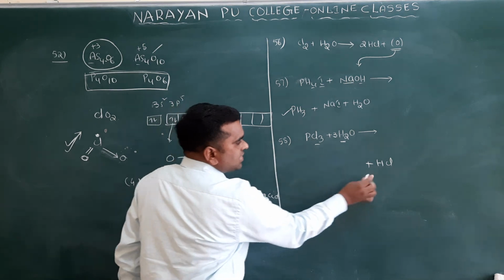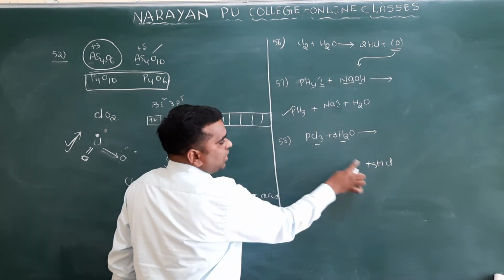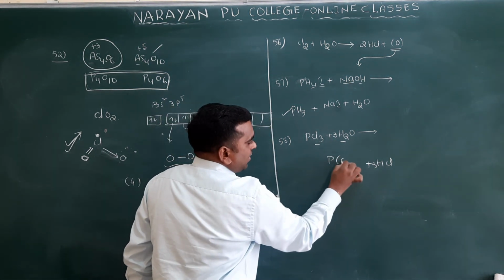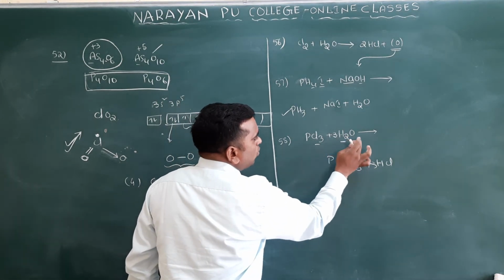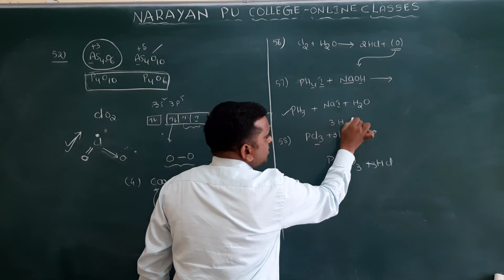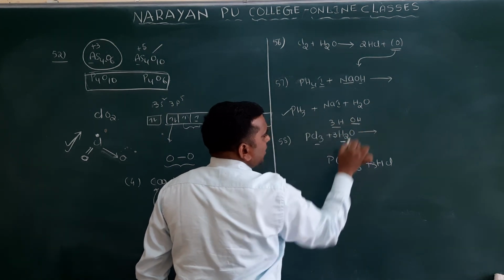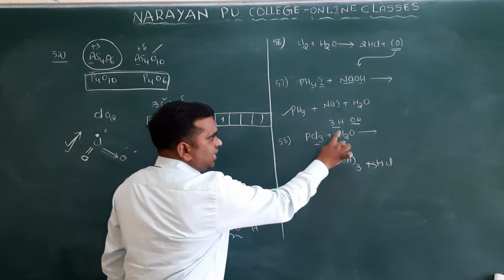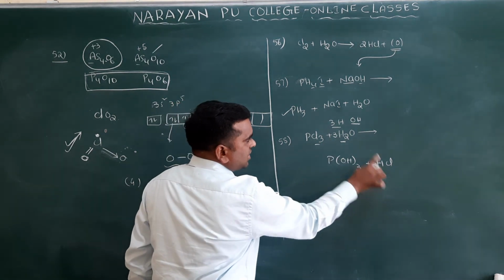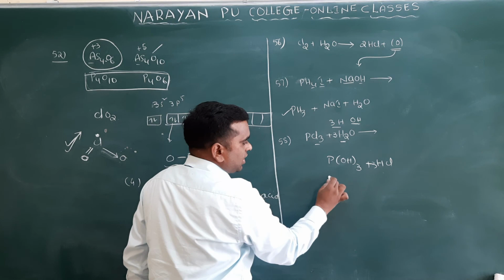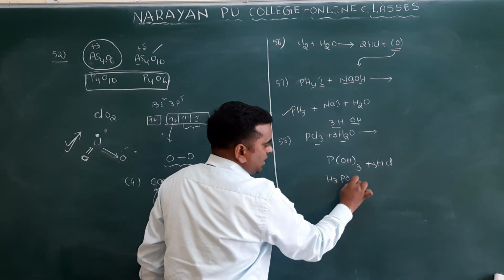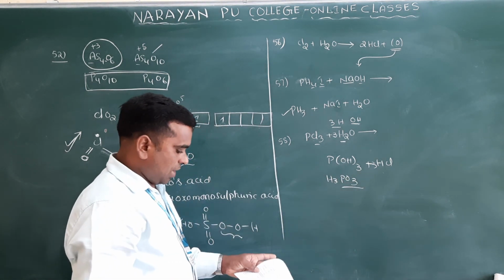Clear? 3Cl and 3H will be removed as 3HCl, and another 3 OH groups are there because H2O we can write as H and OH, 3 OH and 3H. So 3H plus 3Cl, 3HCl, and here 3 OH is there, and instead of chlorine OH will come. This can be written as H3PO3. So this is our option.